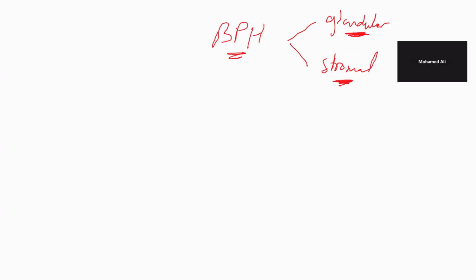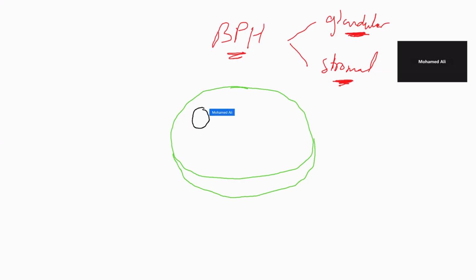So if we need to draw a diagram for the transition zone and another for the peripheral zone, if we have nodules with a sharply marginated outline, as you can see here, a well-encapsulated outline, we can score this as score 1.